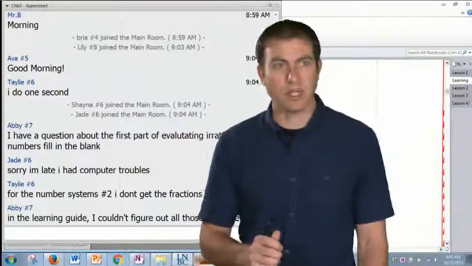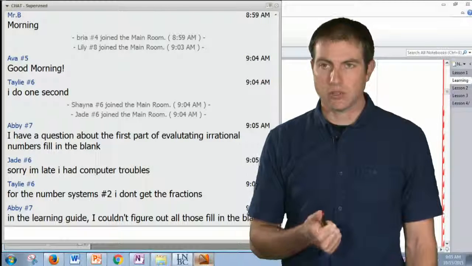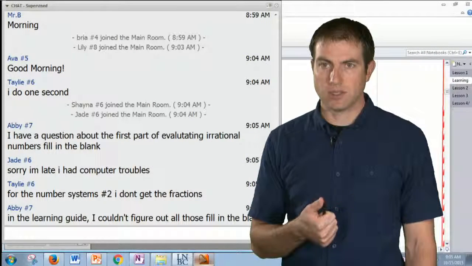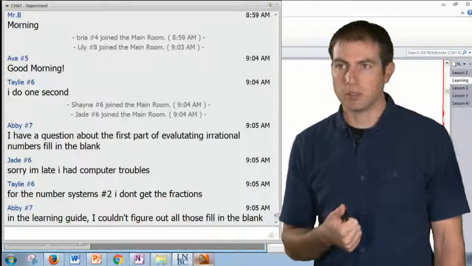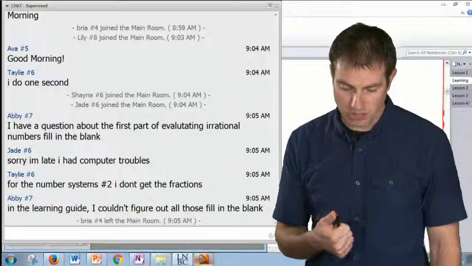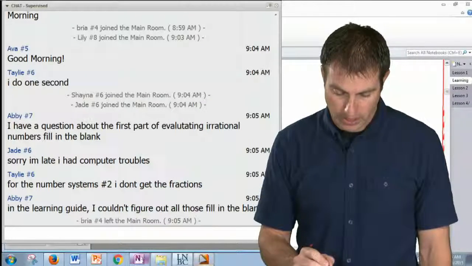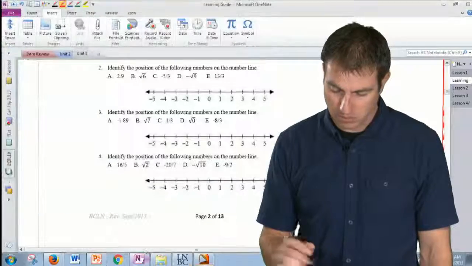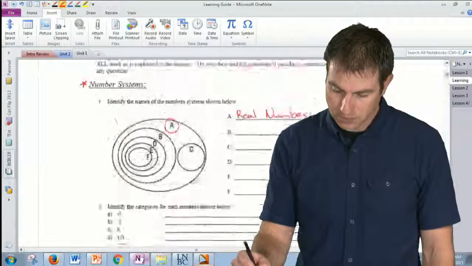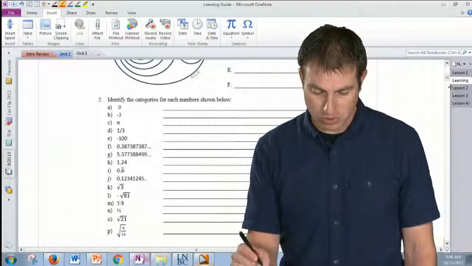A few questions coming in here. So Taylor, for the number systems number 2, I don't get the fractions. Okay, I'll do that for sure. All of the fill in the blanks. Do you want to give me a specific number, Abby? And then maybe I can help you out there. So number systems, number 2, let's go look at that. Abby's going to throw in a specific number for me. Number systems, number 2, identify the categories for each number shown below.